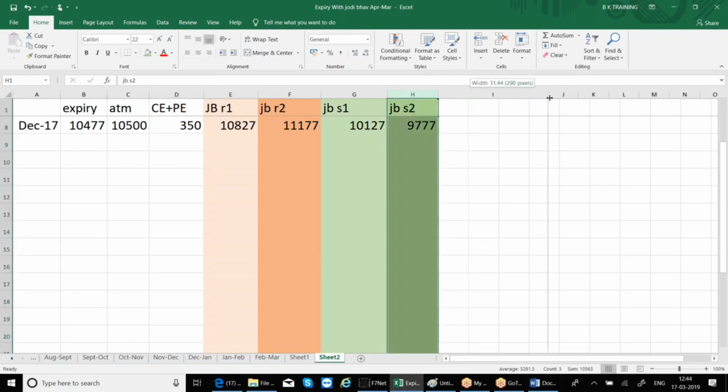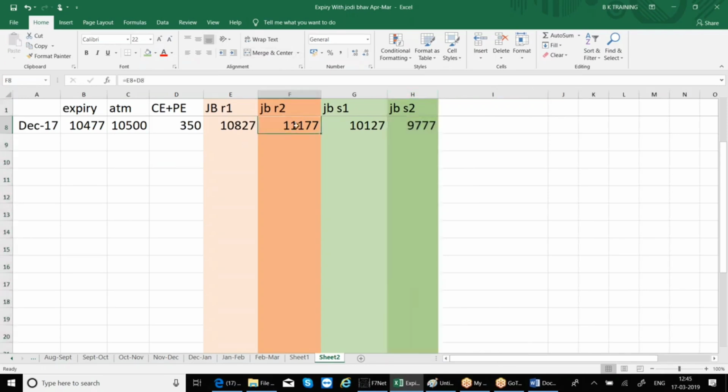Here I will be putting high low. What was R2?